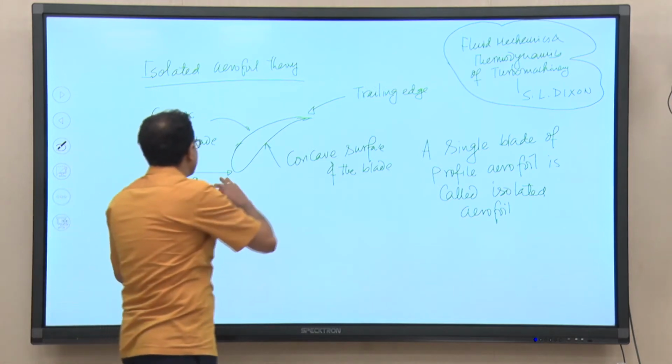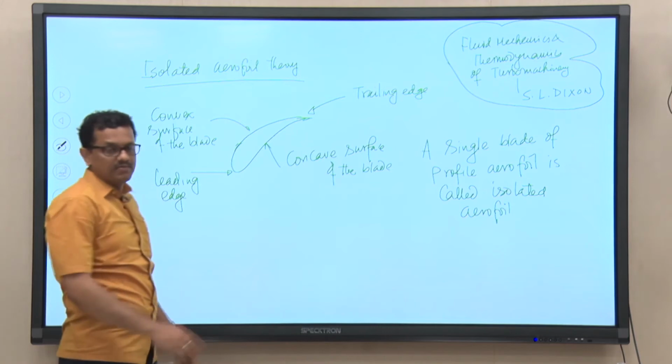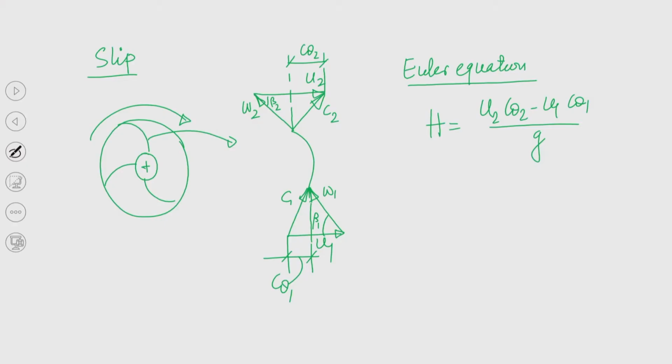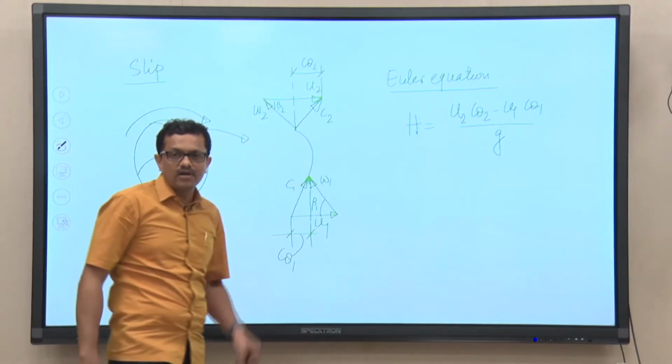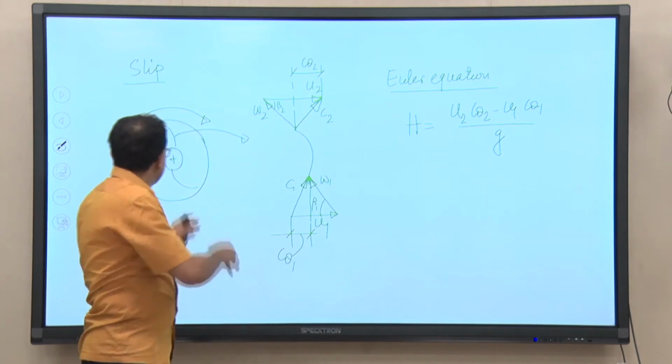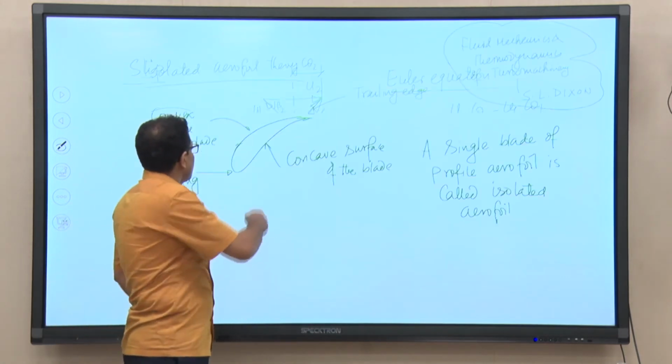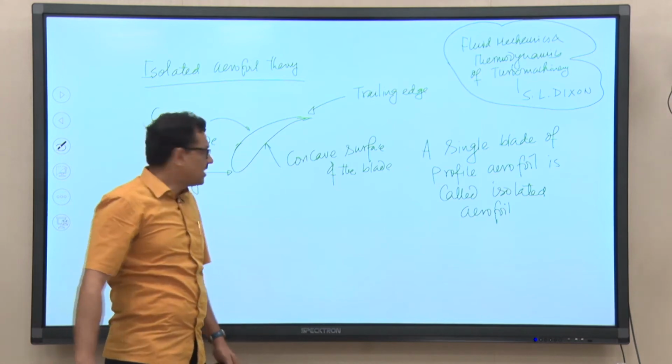Now, when flow is approaching this isolated airfoil, because in a radial flow pump there are many blades, depending on the requirement, whenever a pump is designed, the pump designer is the right person to select how many blades there will be. So, every blade can be compared with the isolated airfoil, right.